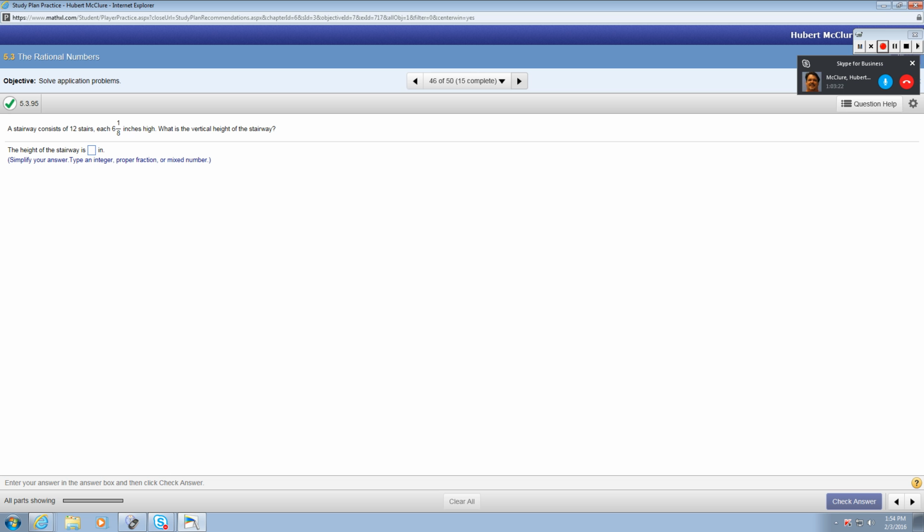We can reduce. 4 will go in there 2 times. 4 will go in there what? 3 times. So this ain't too bad, because 3 times 49, all of you should be able to multiply 3 times 49. 3 times 50 is what? Minus 3, 147. So everybody should be able to do that.